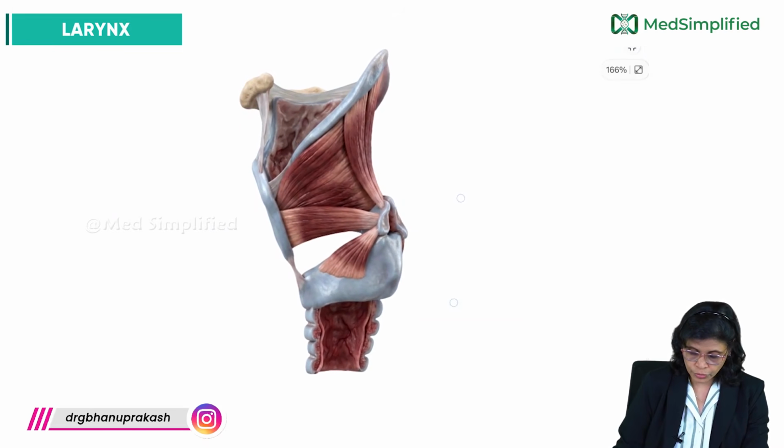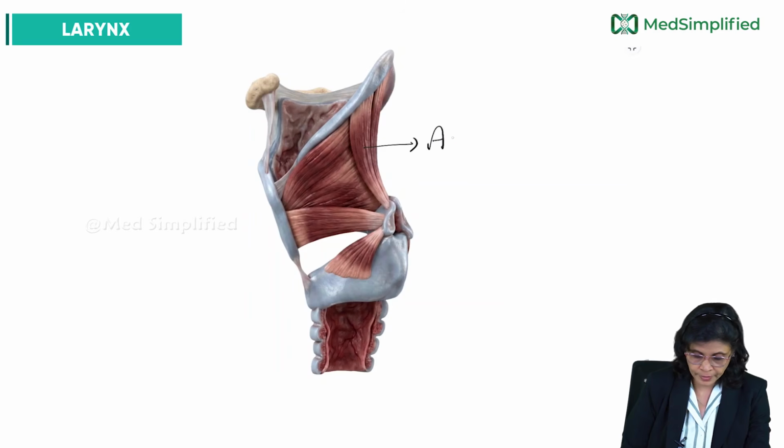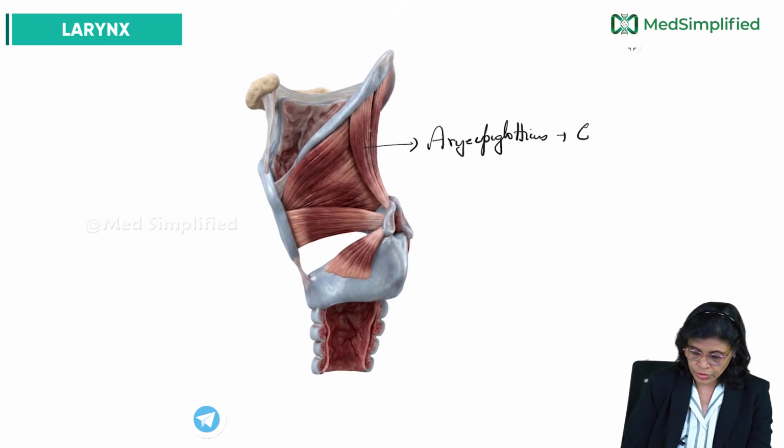So this is just to know the position of muscles. Here you can see from the arytenoid to the epiglottis, we have the aryepiglotticus muscle. What was it doing? The aryepiglotticus brings about the closing. When it contracts, it closes.